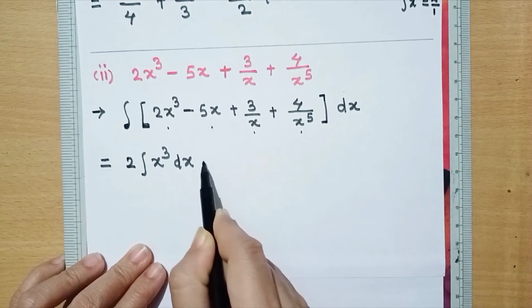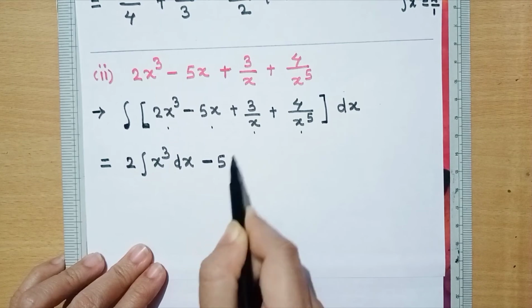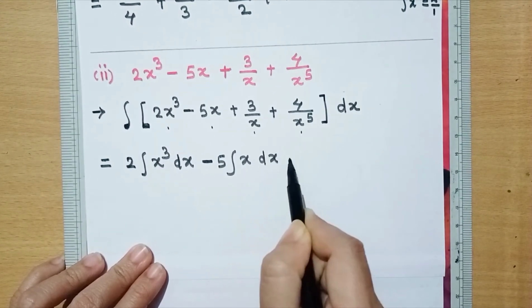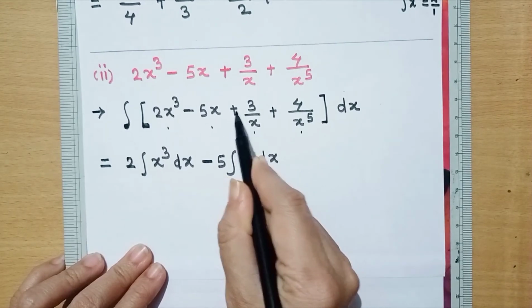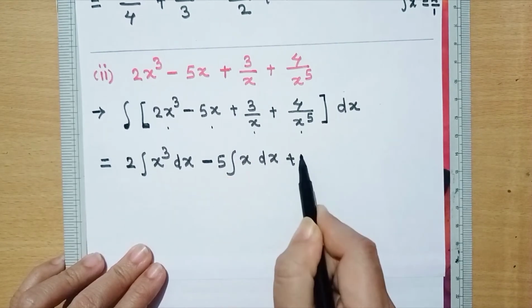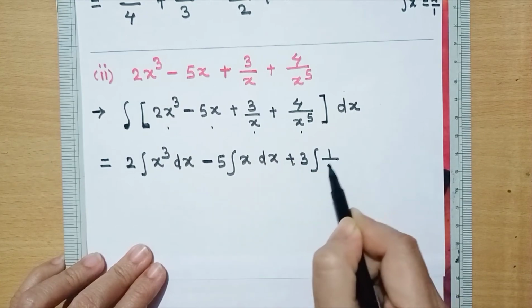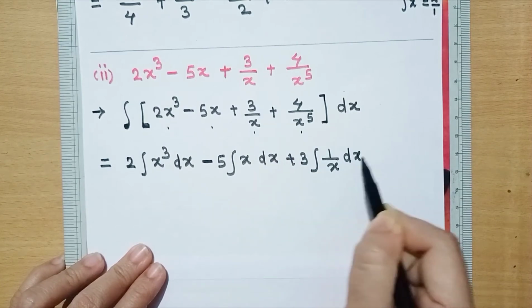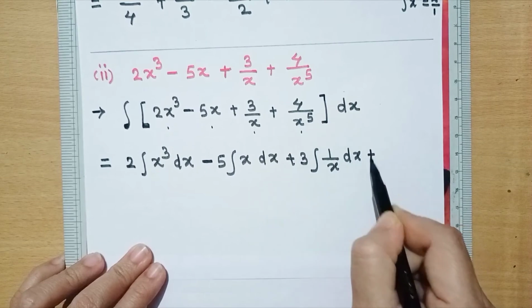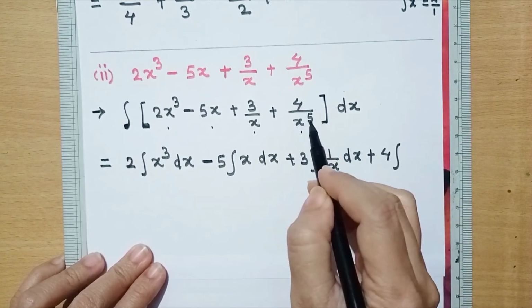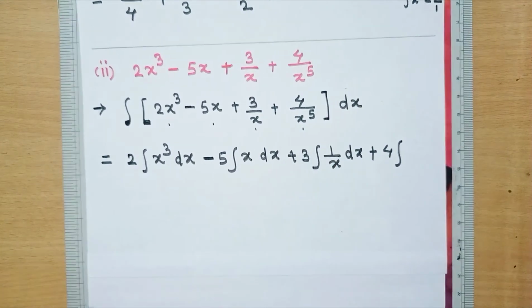Now for the second term 5 is constant, so minus 5, and what remains is only x dx. Then for the third term plus this 3 is constant, so we will take it outside, 1 upon x will remain dx, and for the fourth term this 4 is constant and 1 upon x raised to 5.